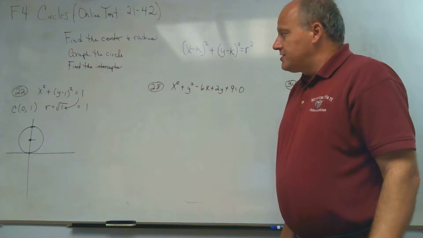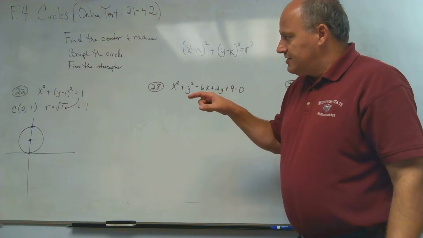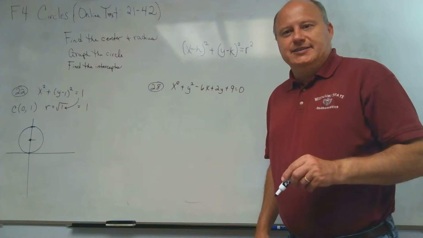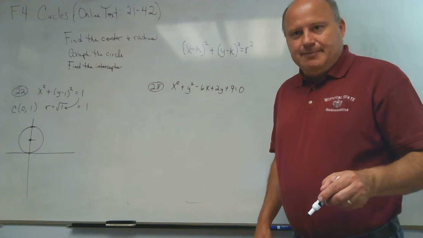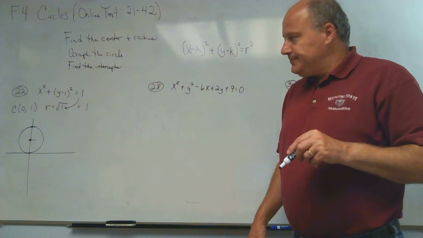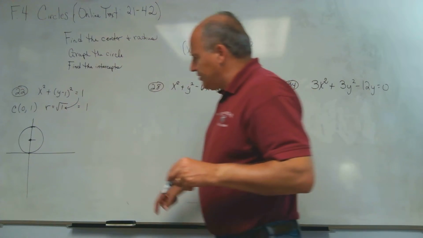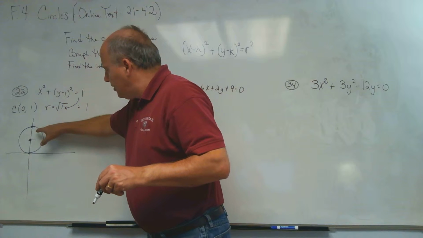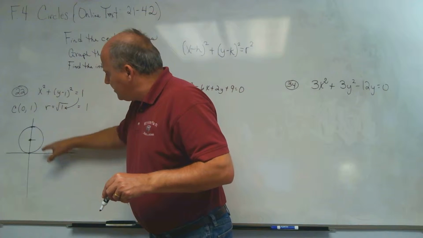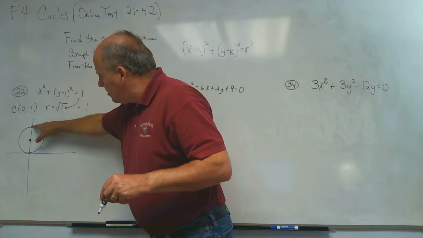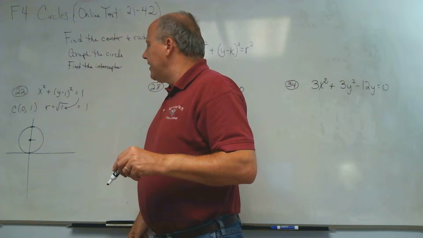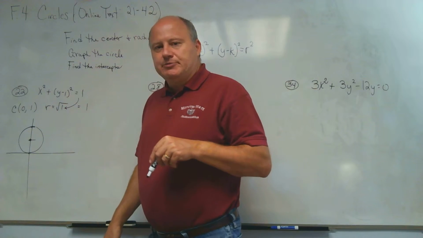So the center is at 0, 1, and the radius is 1. Now, in this particular case, the intercepts are fairly easy because you can kind of see it on the graph. But you can't always go by that. It looks like the x-intercept is at the origin, and the y-intercepts are going to be at 0, 2 and 0, 0. Again, the origin. So that's what it appears the intercepts should be.